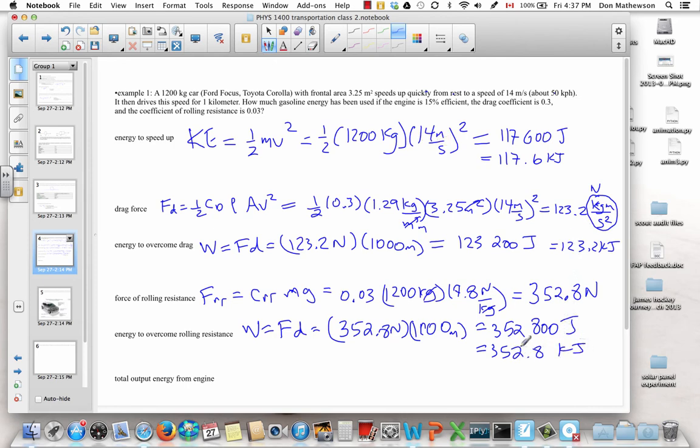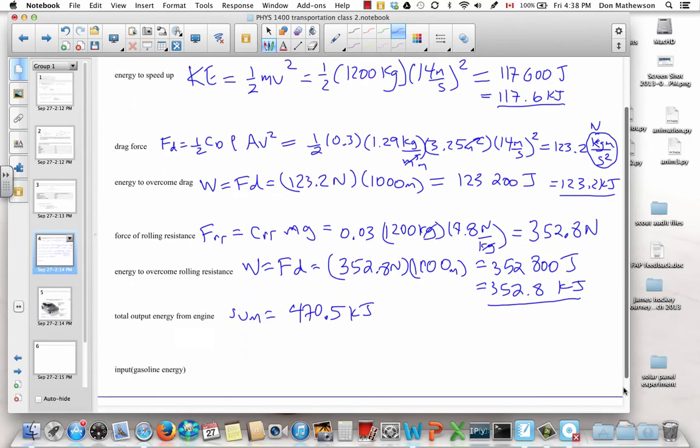So we see that is a larger effect than either the drag or the speeding up and slowing down energy. The total output then, we're just going to add these three values together. That's the total energy requirement from our engine, and adding that up, the sum of those three, I get 470.5 kilojoules of energy requirement.